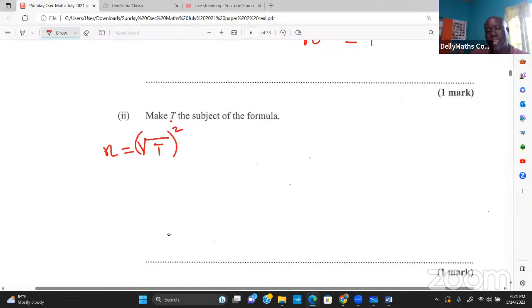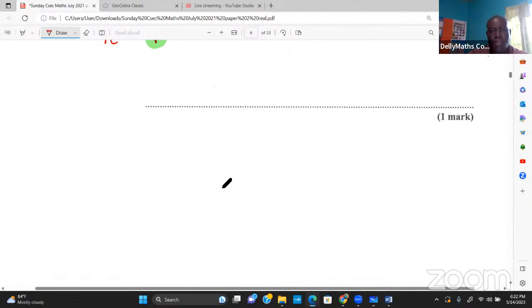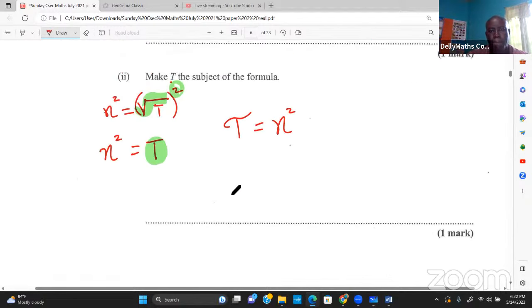Whatever you do to one side, you have to do to the other side. We'll have n squared, which is now equal to t. The square root and the square would have canceled each other, leaving t. If you want to write t equal to n squared, fine. It's another 1 mark, straight up.